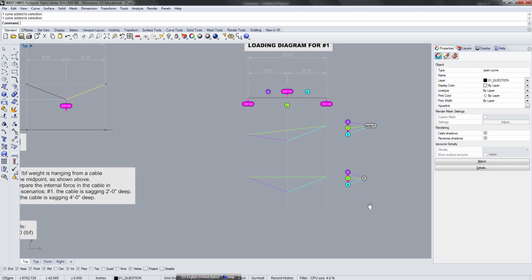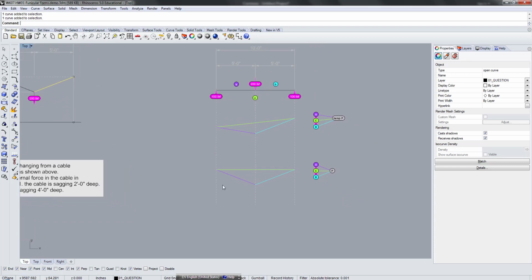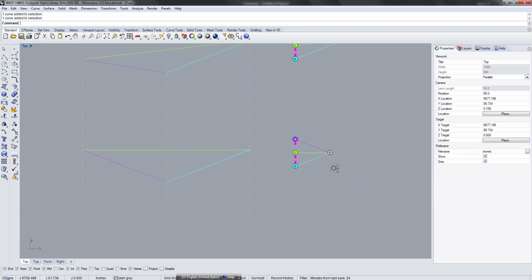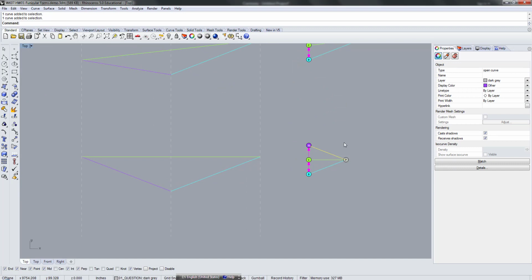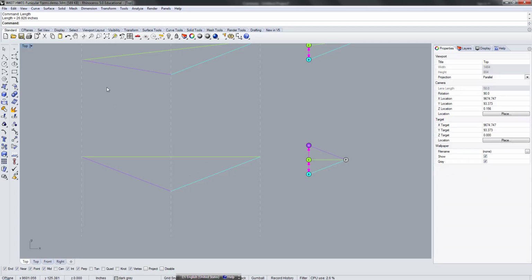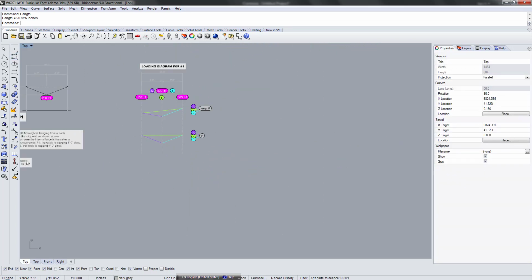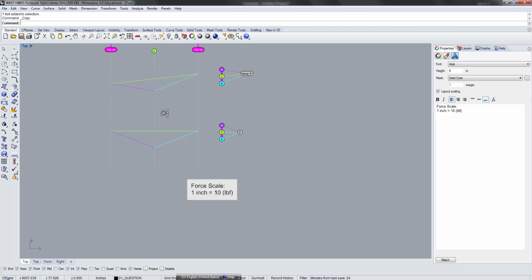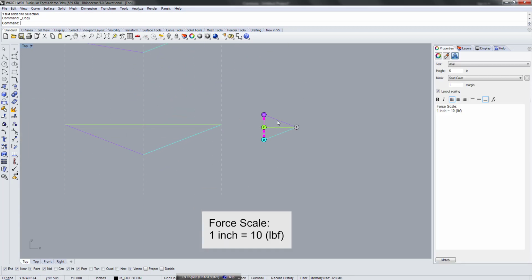To determine the internal force of each of these cables on the left and on the right side, we can simply measure the length of this line. If you type in length, it's 26.9 inches, and the force scale that we are using is 1 inch equals 10 pounds.